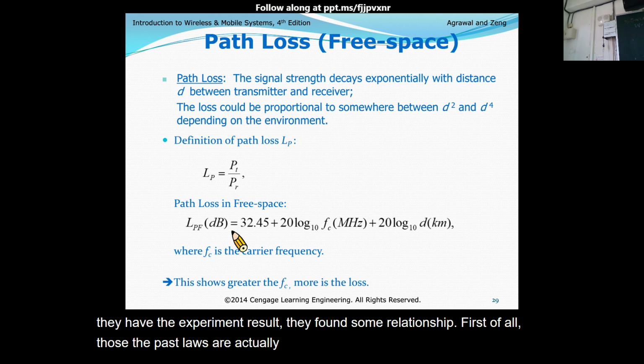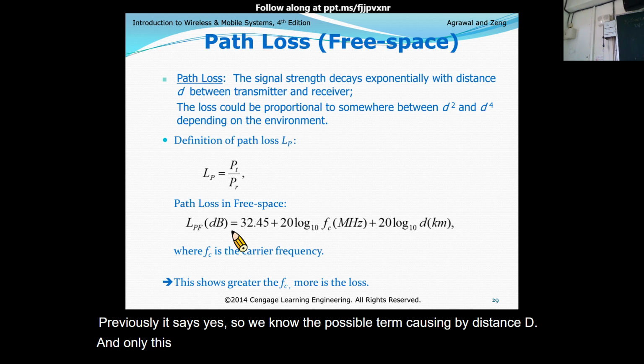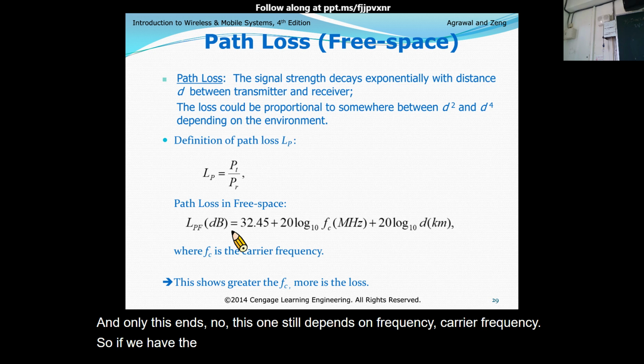Previously, we know the possible term caused by distance d. But not only distance, this one still depends on frequency, carrier frequency. So if we have a large carrier frequency, then we will have a high value of path loss as well.